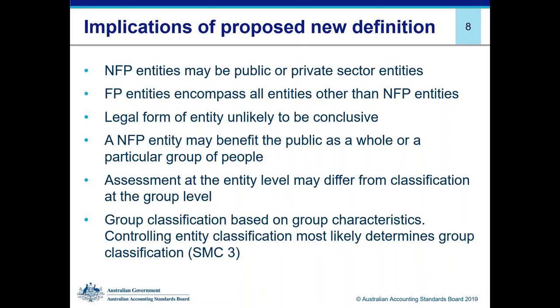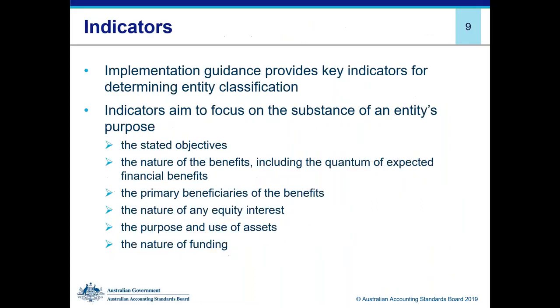And now we'll move to a number of indicators that are proposed in the implementation guidance for applying this proposed new definition. So now I'll pass over to my colleague, Peter. Thanks, Clark. So I'll be taking you through the indicators.